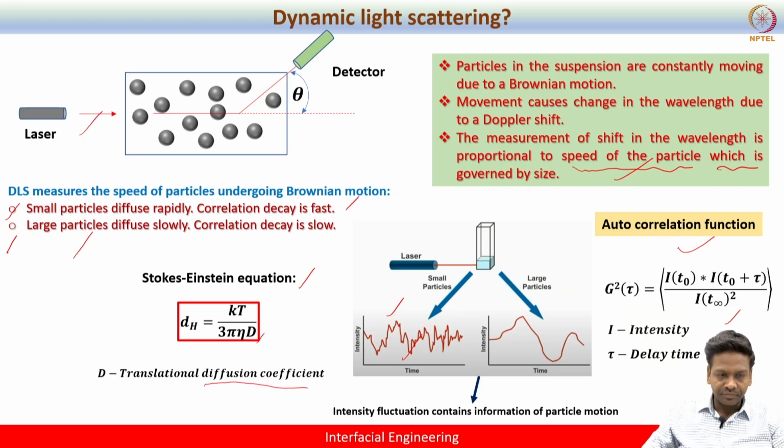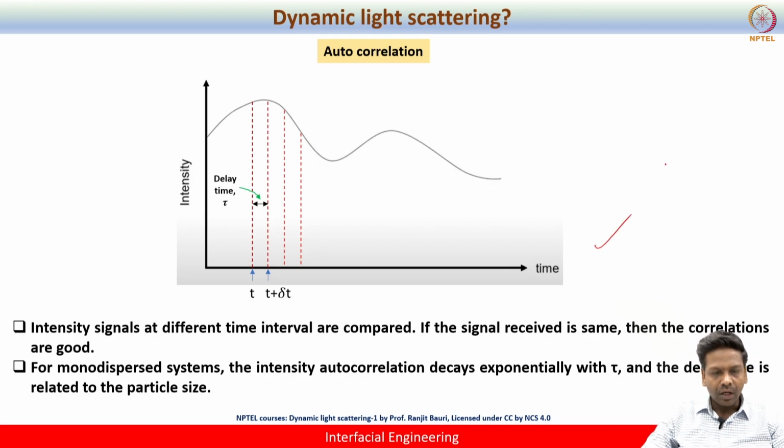How the autocorrelation function works is that intensity signals at different time intervals, t and t plus delta t, are compared. If the signal received is the same, then we say that the correlation is good. Whereas if you compare this time t with any other time t plus delta t and the signal is not the same, the correlation is lost or poor.